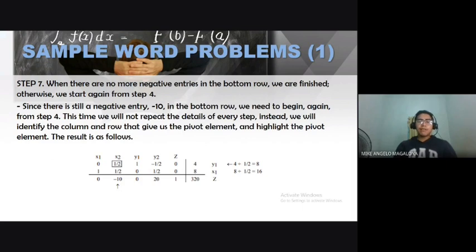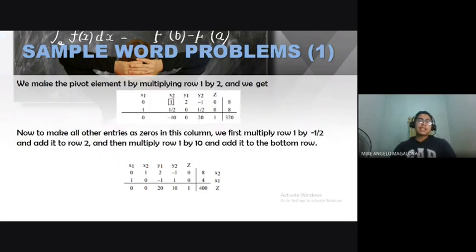The 4 in the far right column is divided by 1/2, since x sub 2 is the entry column, and 4 divided by 1/2 is equal to 8. Next, 8 divided by 1/2 is equal to 16. We make the pivot element 1 by multiplying row 1 by 2, and we get the following answer.